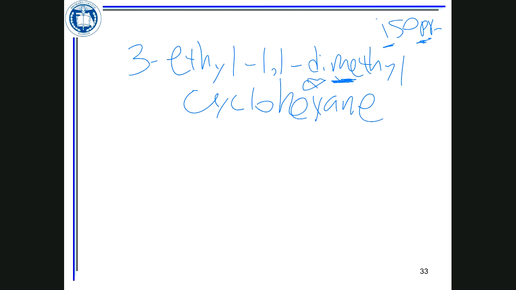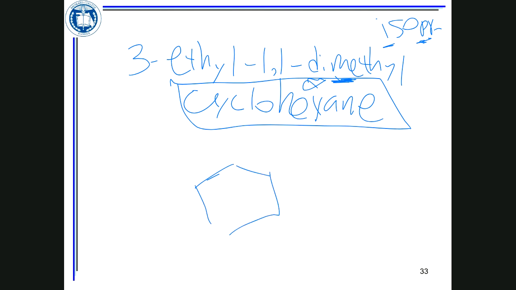You're welcome. Okay, the structure for this molecule. So we practice how to draw the structure at the same time for cycloalkanes. First, we are going to start with the main branch. In this case, it's a cyclic system, so we draw a cyclic system. We can number it as carbon 1, 2, 3, and we have the choice to go clockwise or counterclockwise. It's not going to make a difference when we are drawing the structure if the name is given.